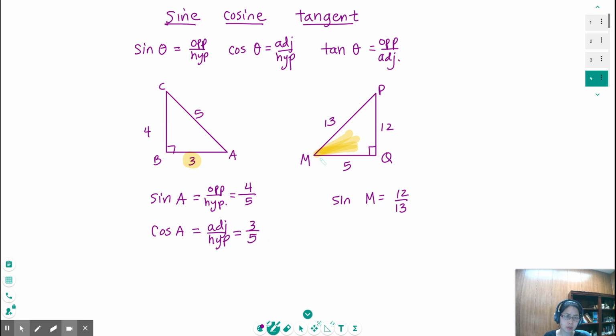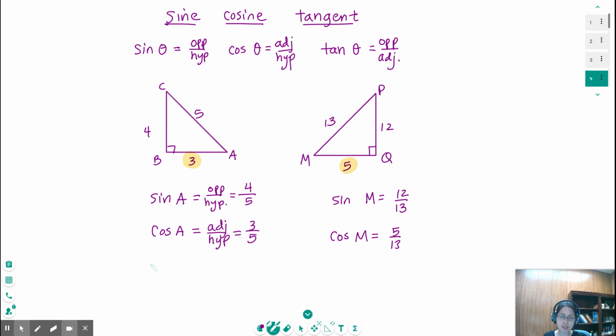Over here, looking at angle M, the light is shining at the one across, which is opposite. So again, cosine of M is adjacent over the hypotenuse, 5 over 13.